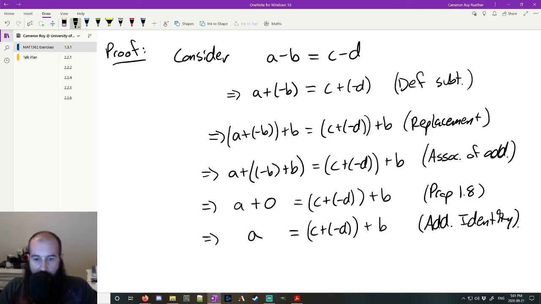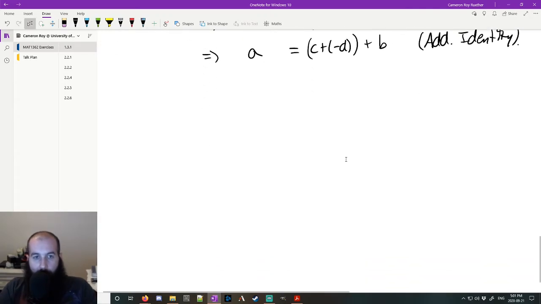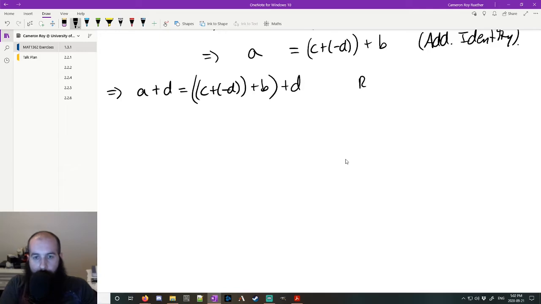So what we'd like to do is the same thing with negative D. And to do this, we add D to both sides by replacement. I'm going to start writing over here to give myself some more room. So A plus D is equal to all of this over here, by replacement.